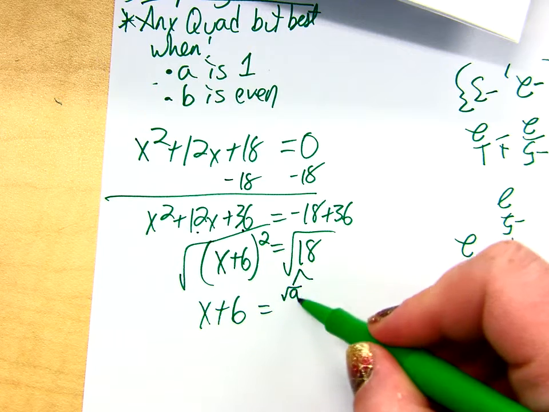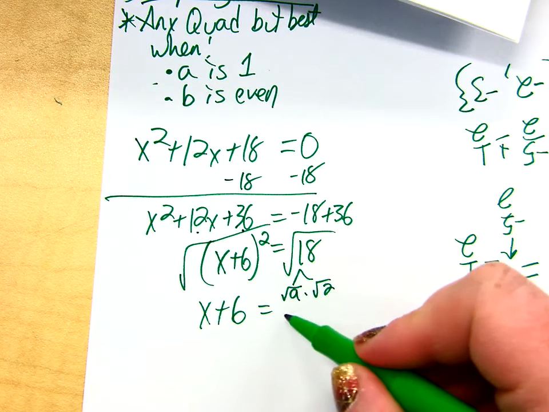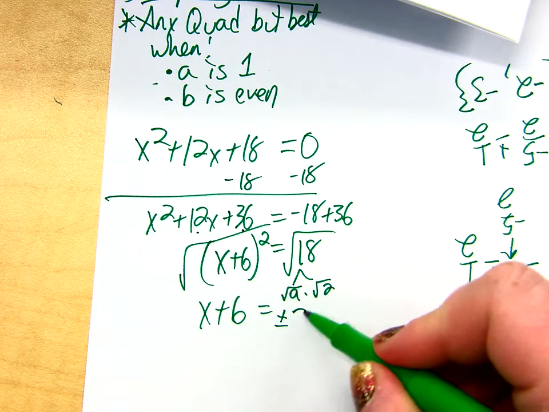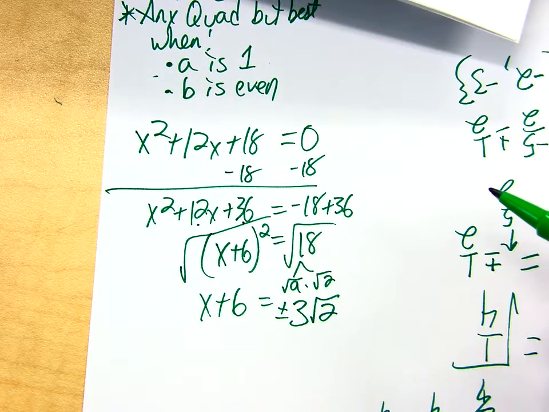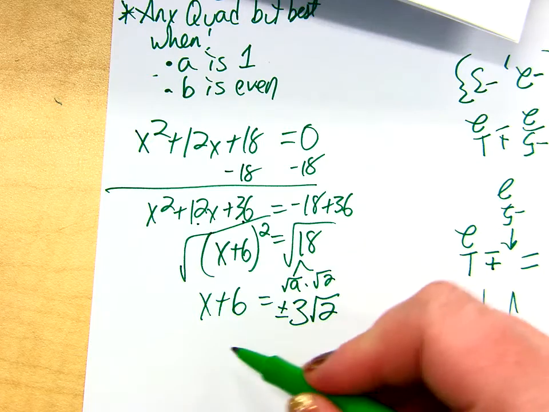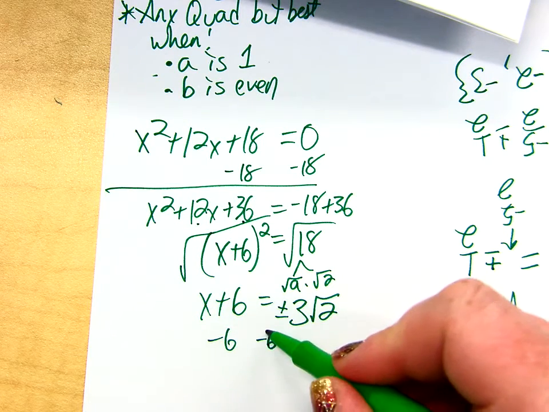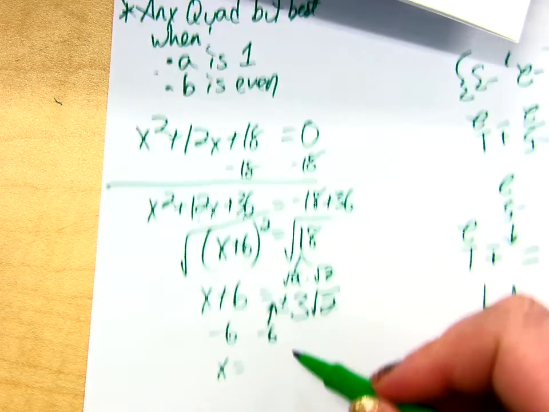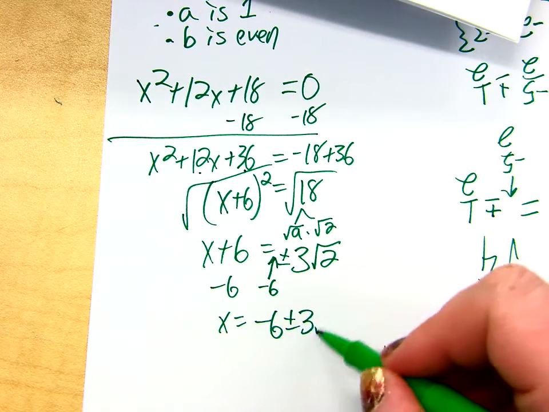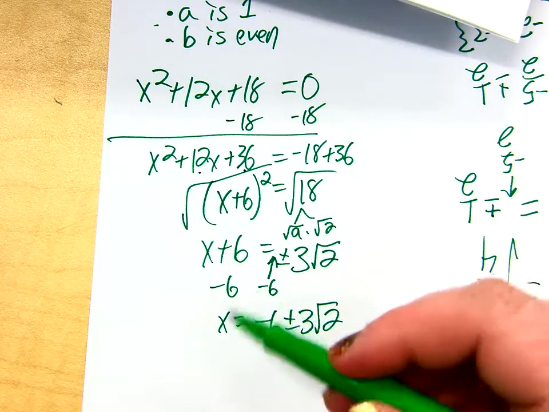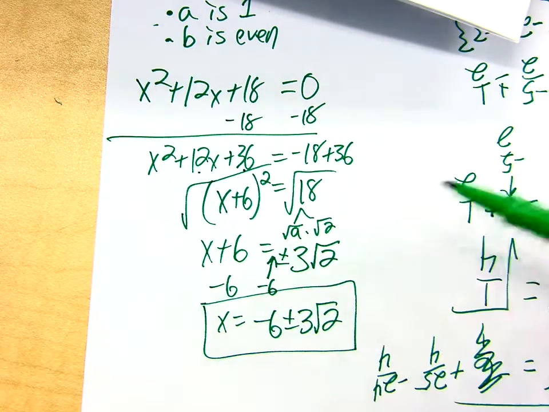So I split it up into 9 and 2. So I really get out positive and negative 3 root 2. And then I'm almost done. Minus 6 from both sides. So my final answer, negative 6 plus minus 3 root 2. Done.